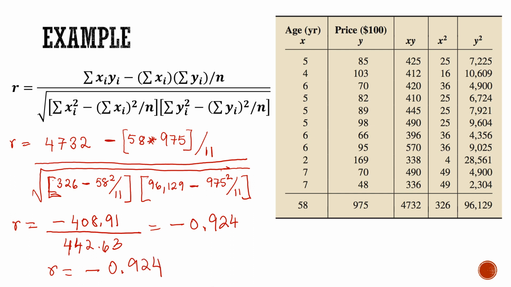Let's go over what we found here. R for this problem is negative 0.924, and this negative sign means that the x and y variables are negatively correlated. That means as x increases, the y values decrease.